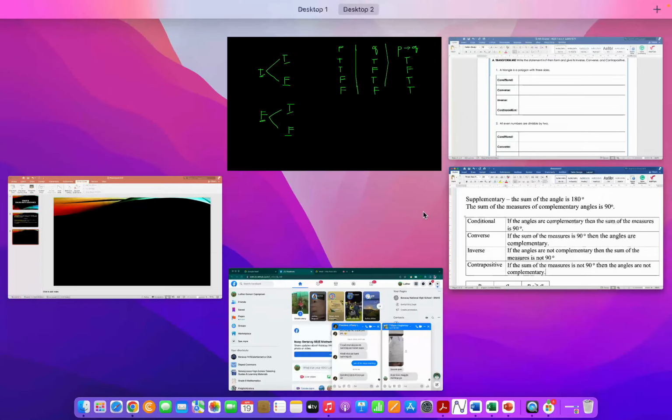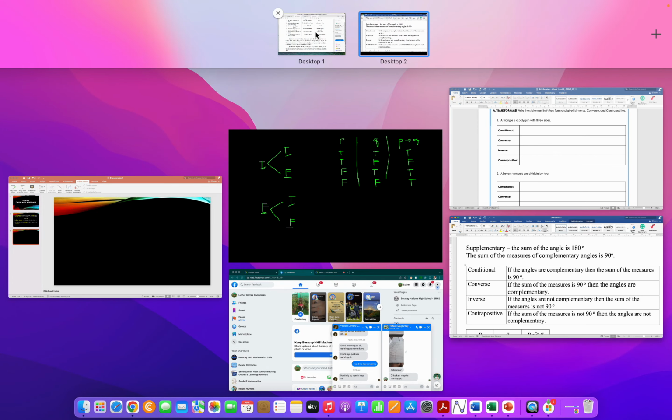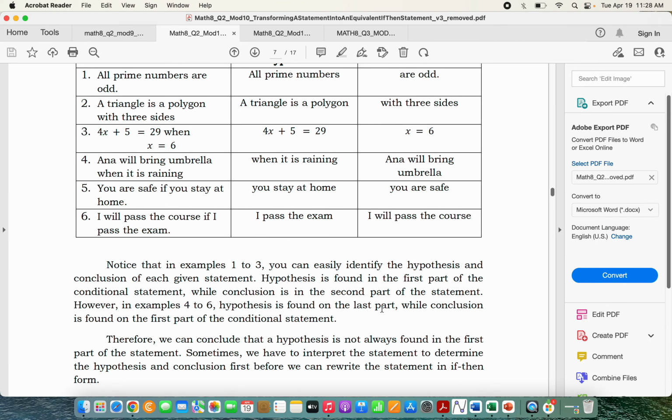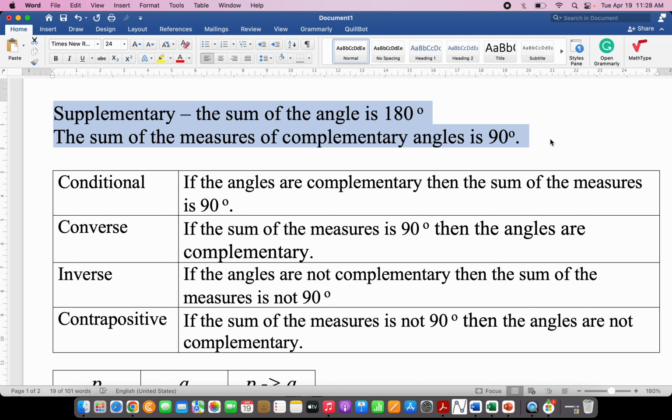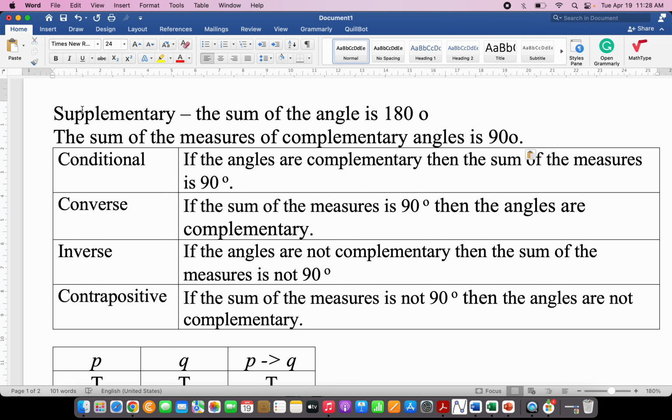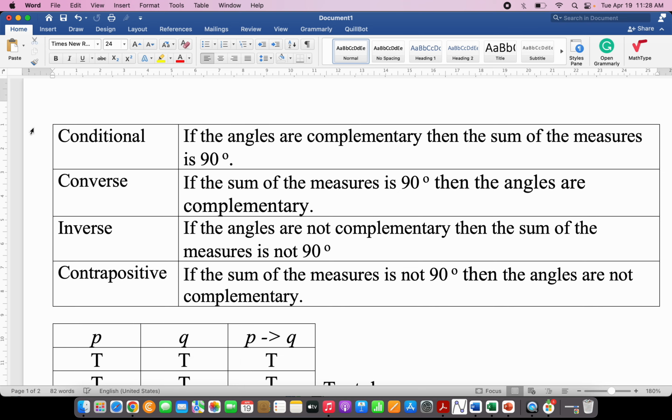Let's see. Oops, not this one. Ito. Halimbawa. So, kung meron kayong hindi naintindihan na mga terms, dapat i-research nyo muna yung definition ng term. Ano yun?